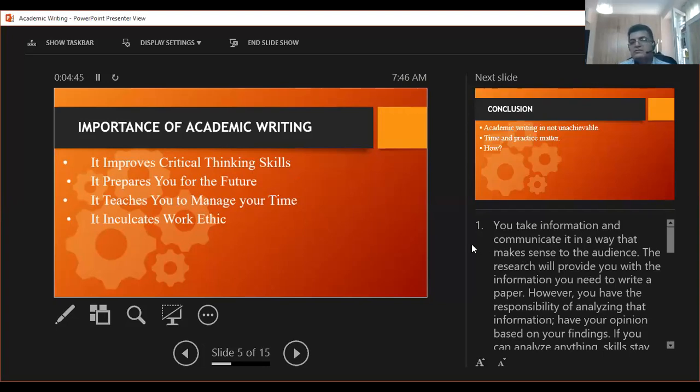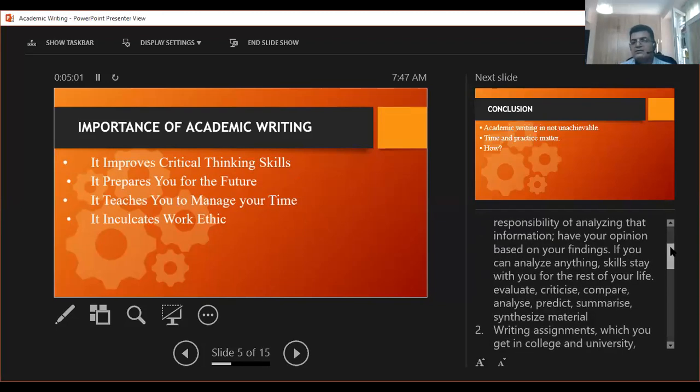So the researcher will provide you with the information you need to write a paper. However, you have the responsibility of analyzing the information and having your opinion based on your findings. So if you can analyze anything, skills stay with you for the rest of your life.